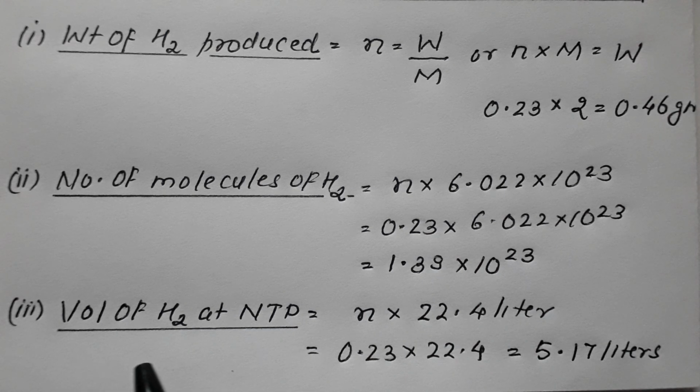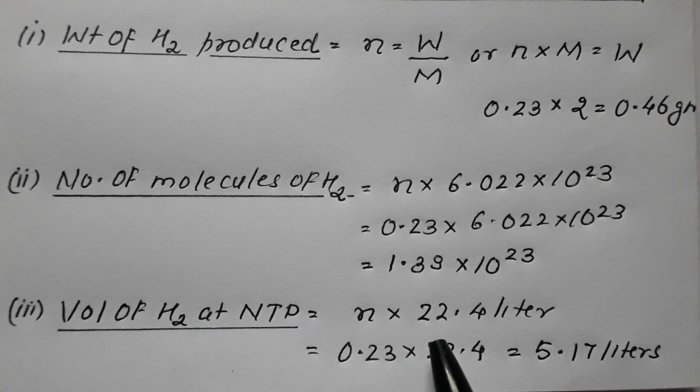And finally, the volume of hydrogen at NTP. The volume of hydrogen at NTP is N into 22.4 liter. N is 0.23, and the volume of 1 mole of any gas at NTP is 22.4 liter. It is for 1 mole.